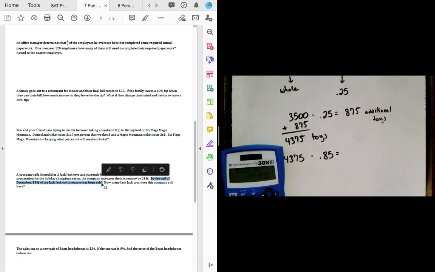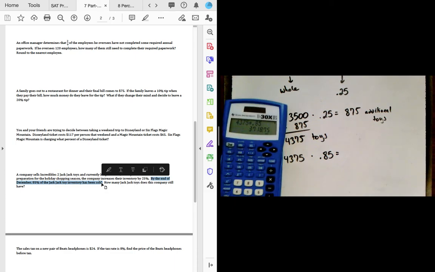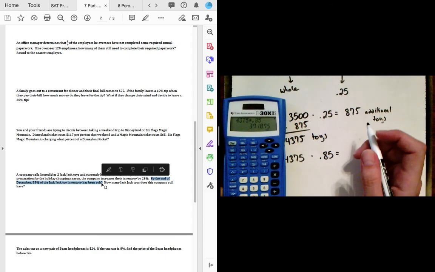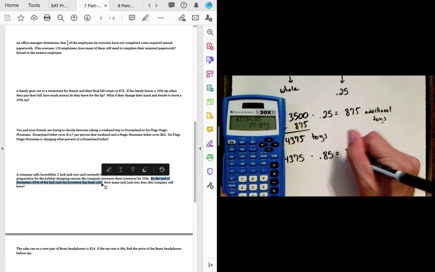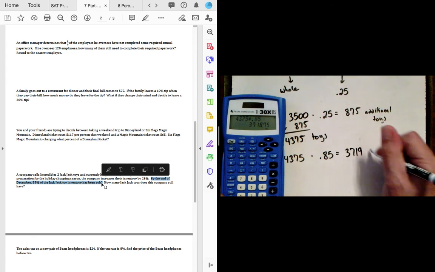Of course, you can't sell 3/4 of a Jack Jack toy, so I'm going to round this number up. And again, they don't always have to work out nicely, but usually on an exam, they'll be a little bit more well made. I'm going to call this 3719 toys sold.